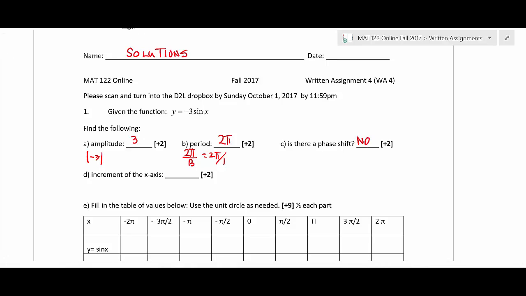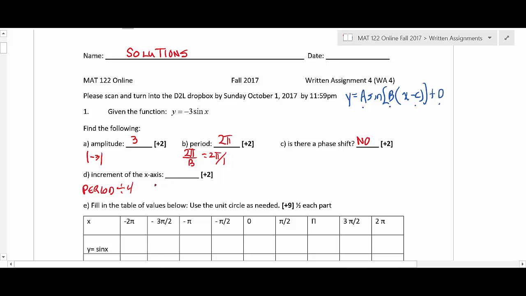Okay, so I want to just reiterate a couple of things here. So the structure is a sine b x minus c plus d. That's your amplitude. This gives the period. That's a phase shift, and that's up, down like that. Okay? So the increment of the x-axis, what you always do is take the period and divide that by 4.